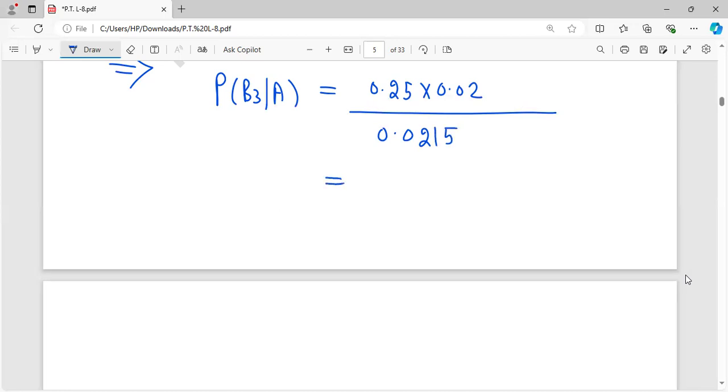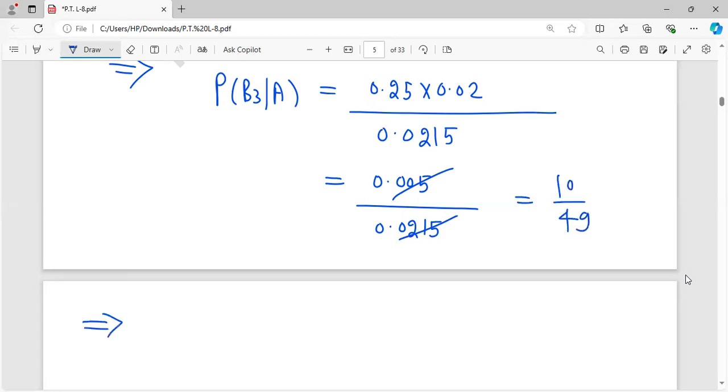This is equal to 0.005 divided by 0.0215. So what is the solution after solving it? You will get 10 upon 49. So this is the probability we require. This is the answer.